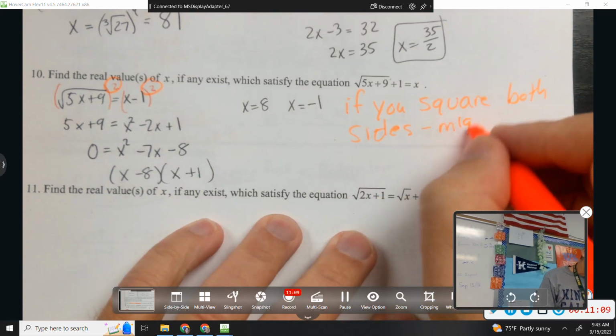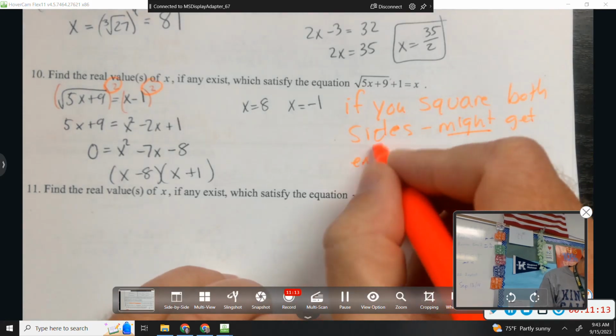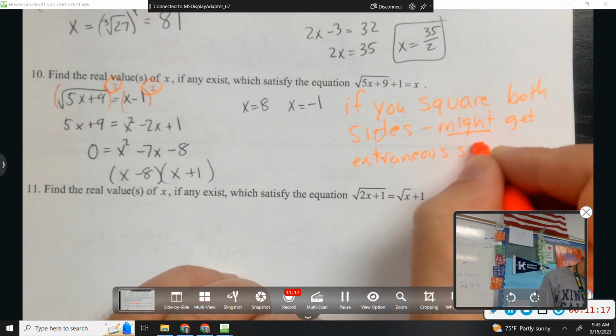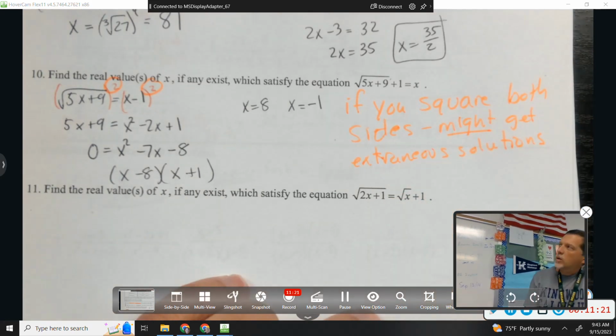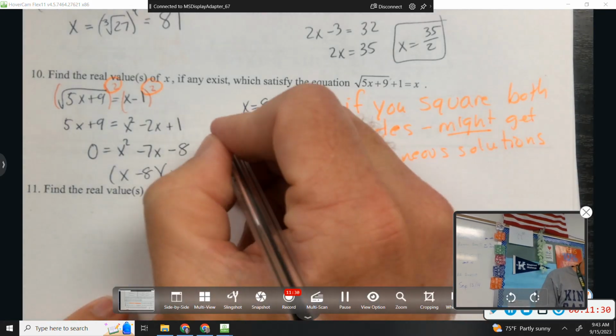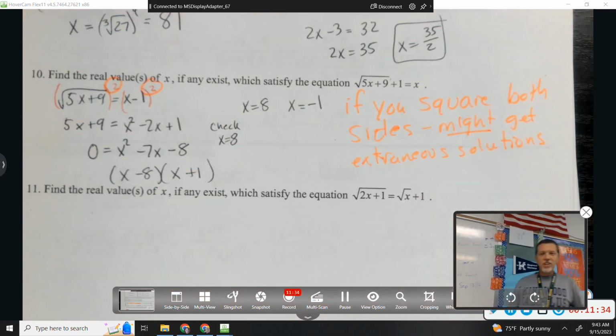So another one of those might issues. If you square both sides, you might get extraneous solutions. And the only way to know is to check them. And they're real easy to check. It's just a matter of if they work or not.